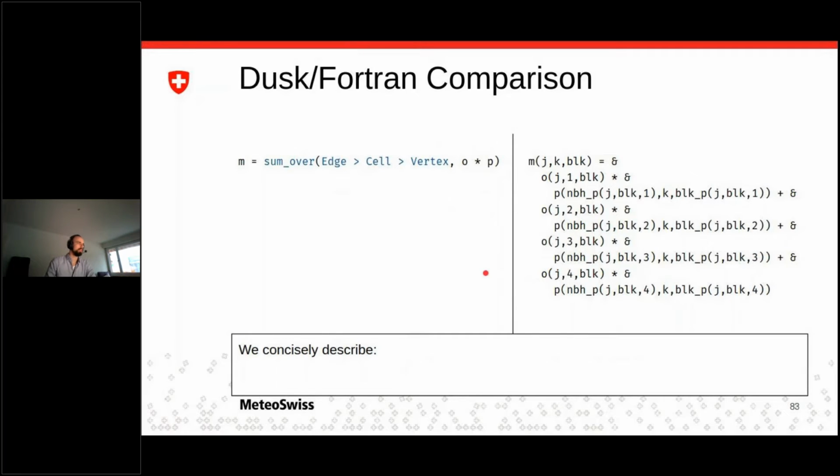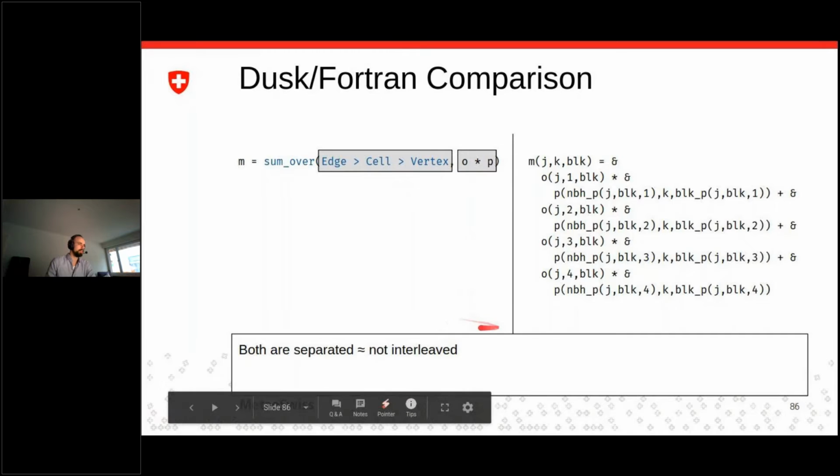What's nice about this example is that we concisely describe what we compute, which is O multiplied by P, and also where we compute this. In the purely Fortran example, this information exists as well, of course, but it's harder to read out. And we have nicely separated this on the Dusk side, so they're not interleaved. I think that's something we can appreciate.